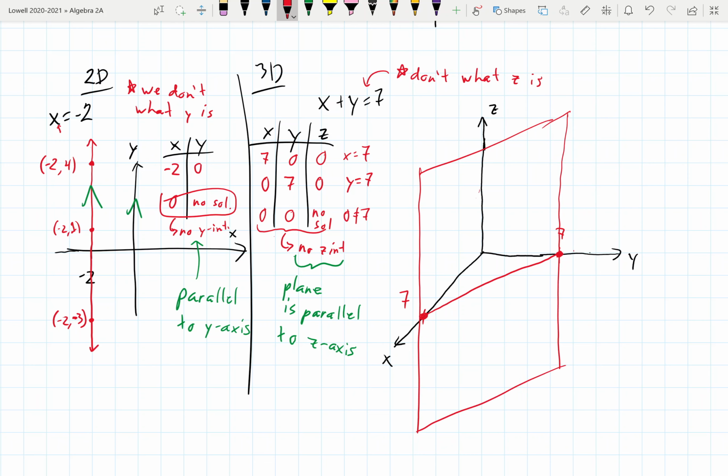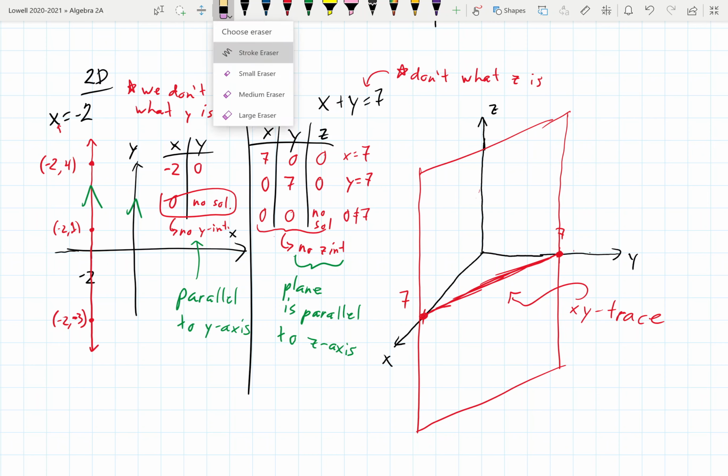And to draw this now, imagine that this is a plane covering up that corner of the room, and then this xy trace, which is right here, that's again where the plane chops through the floor. And we can take our eraser here and erase what we cannot see, which would be back here.